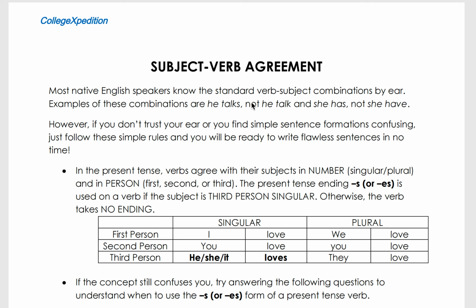Before we answer 10 questions at the end of the video, I would like first to point out some basic knowledge that you need in order to understand what subject-verb agreement is really about.